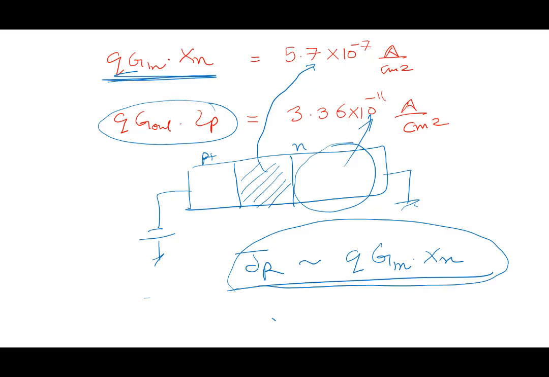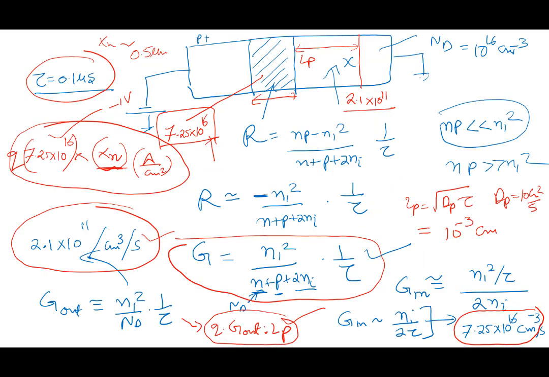Now, if you're wondering why this generation rate depends on N and P and all that, just keep in mind how recombination and generation are occurring. You have EC and EV, and you have a level.